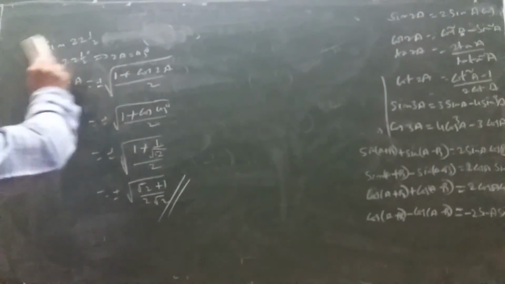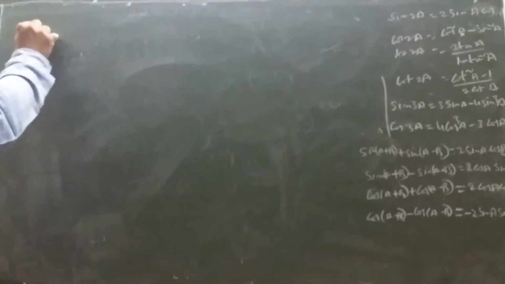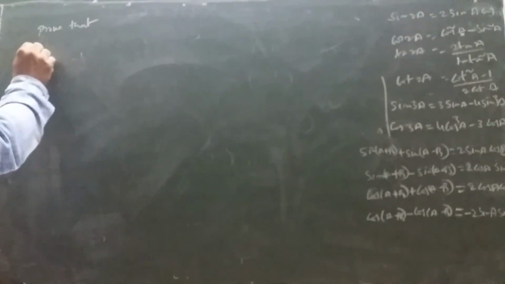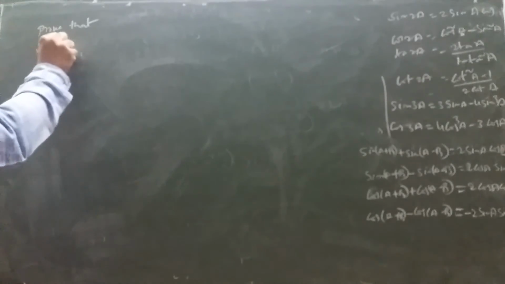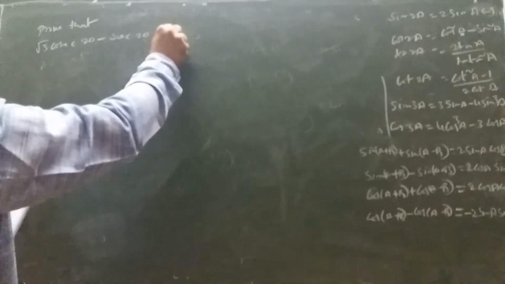By applying these formulas, we have to prove some important sums. Prove that root 3 cosec 20 minus sec 20 is equal to 4.